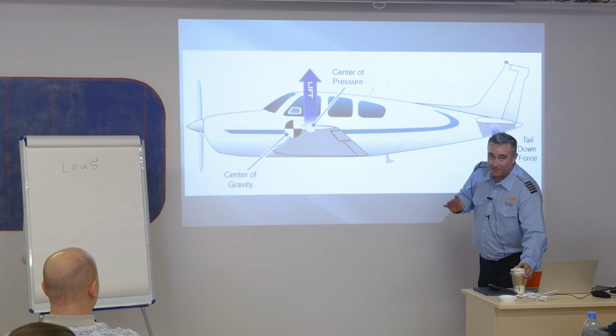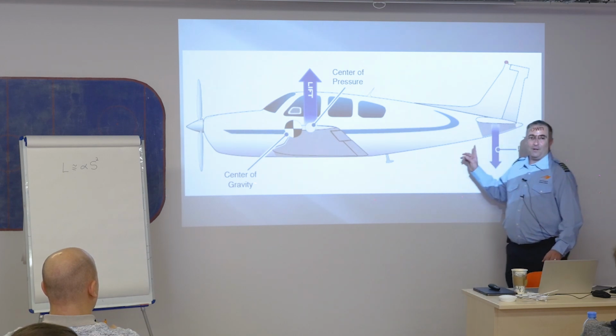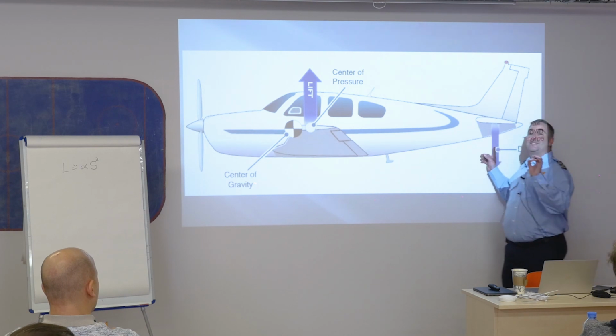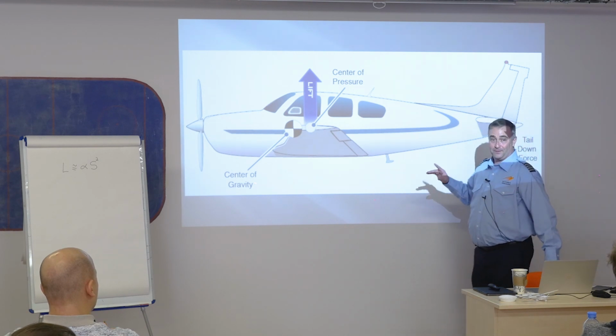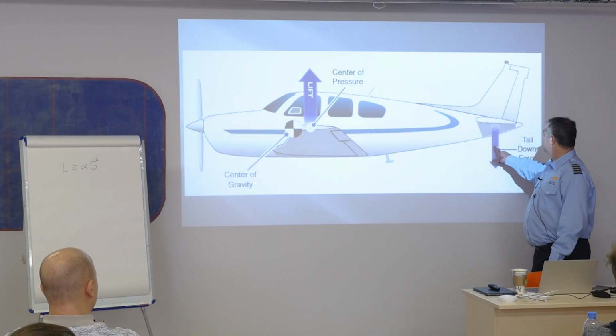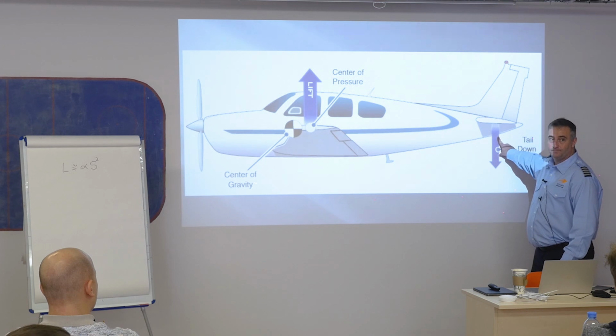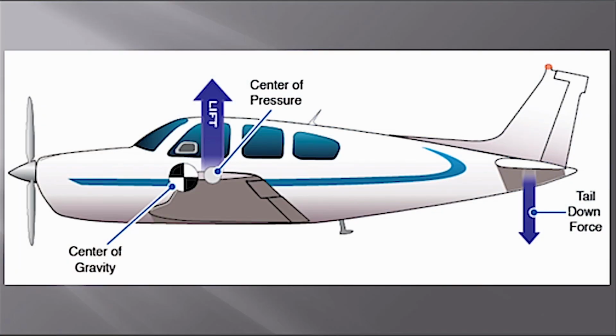Okay. So, what do I have back here that'll resist that nose pitching downward? The downforce. Okay? So the horizontal stabilizer is always in a state of producing lift down.